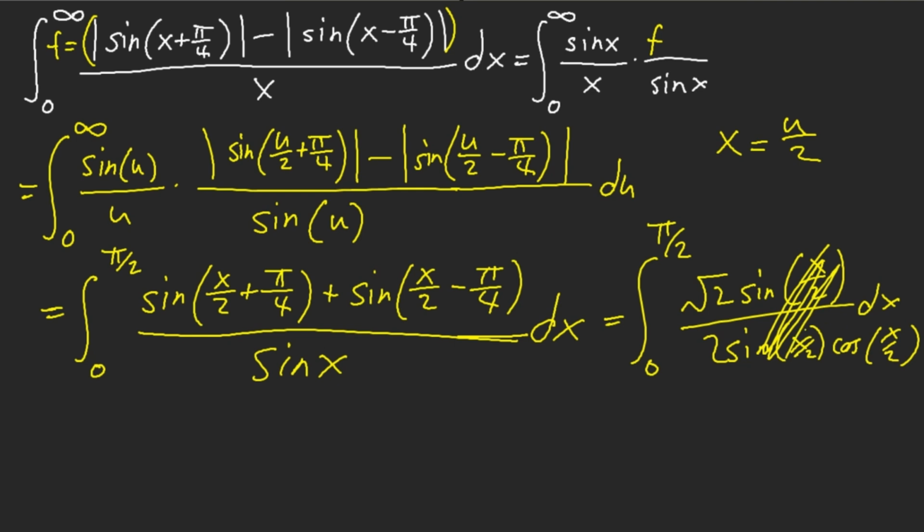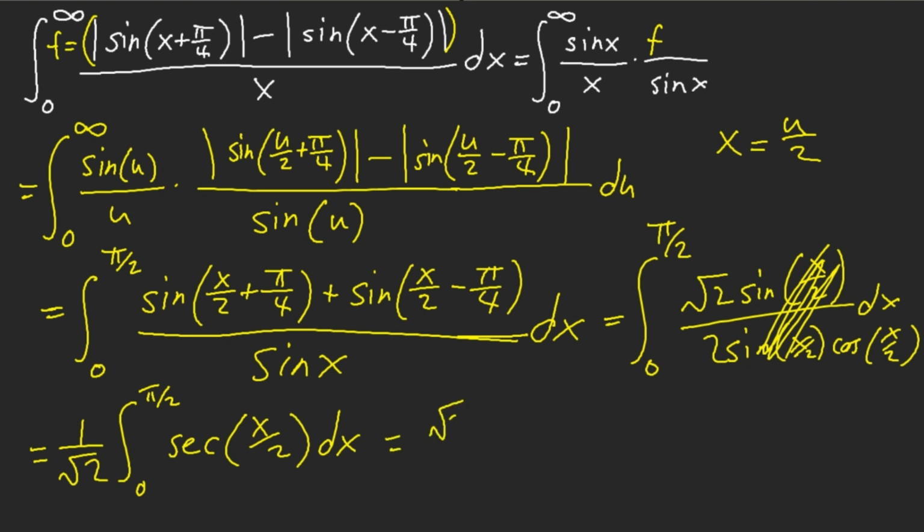This cancels out. So now what we have is pi over 2 secant of x over 2. Perfect! This converges. Thank goodness. So now this is simply 2 ln.